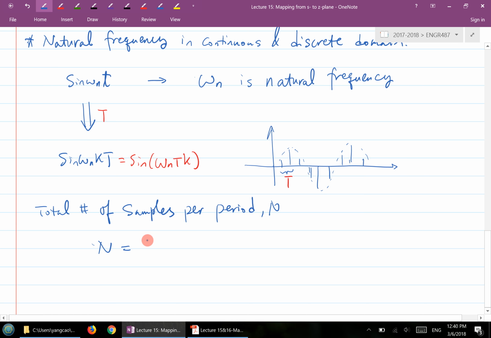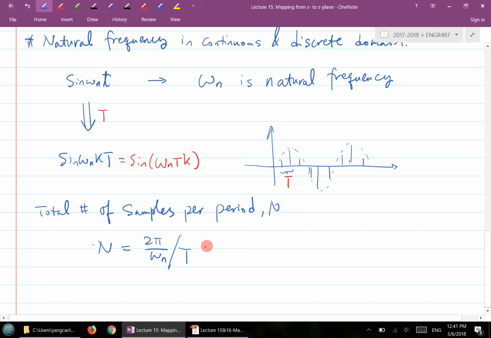We use the period, however long the period is. With a natural frequency omega n, 2 pi over omega n gives you the period of the sinusoidal curve. Divided by one interval, that gives you the total number of samples per period.